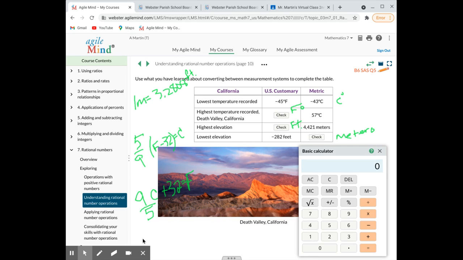Think about PEMDAS, the order of operations. Multiply. Correct. So I'm going to take 57 and multiply by my numerator, which is 9. And now I need to divide it by the what? What's the part of the fraction on the bottom? Denominator. Correct. So I did that divided by 5, and I got 102.6, which would round to what?